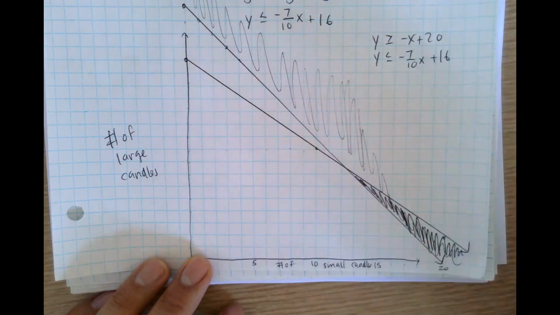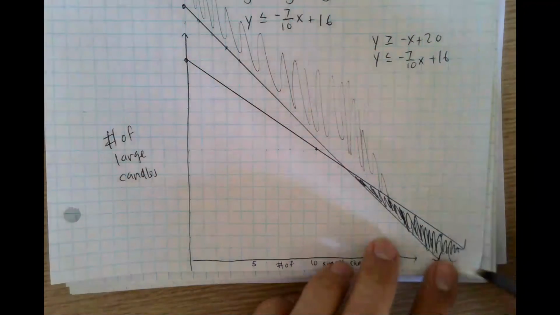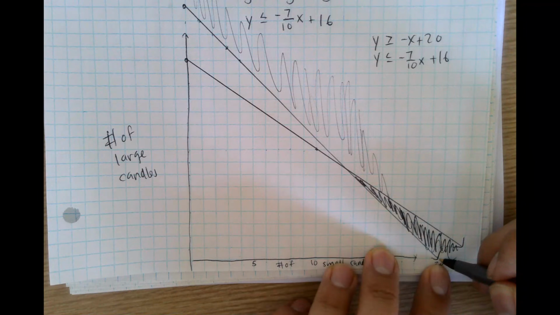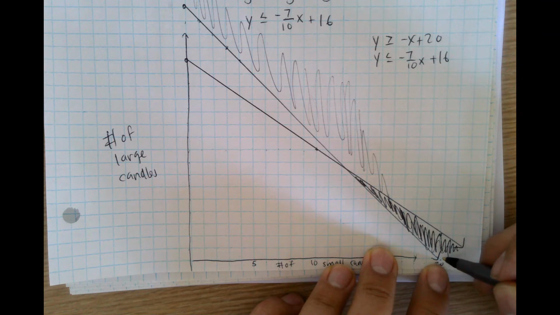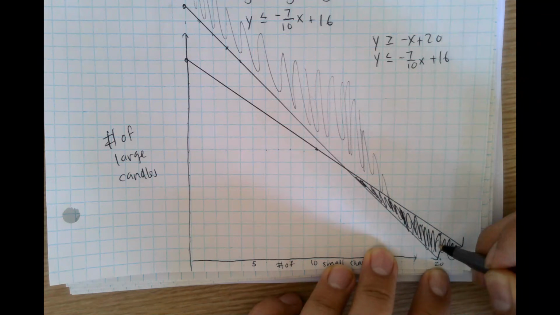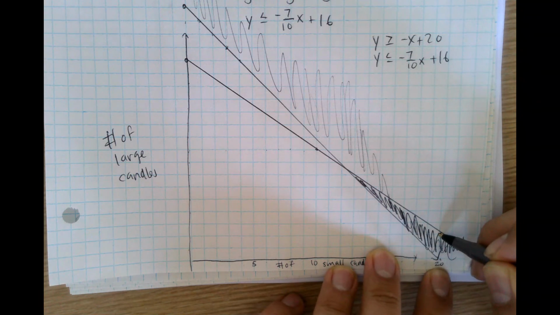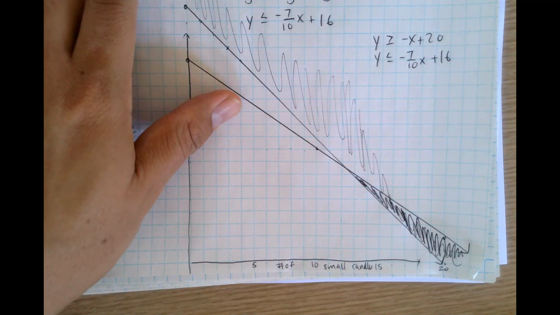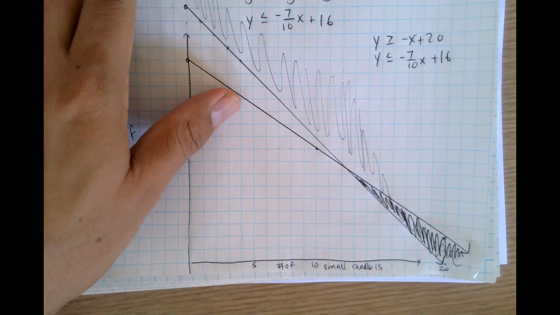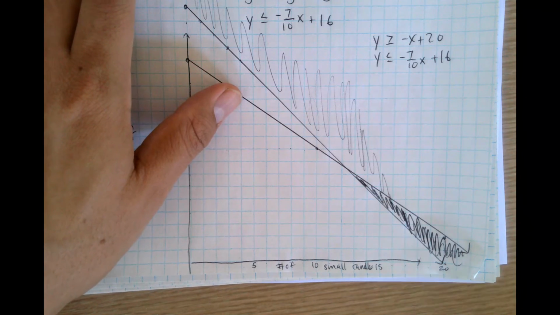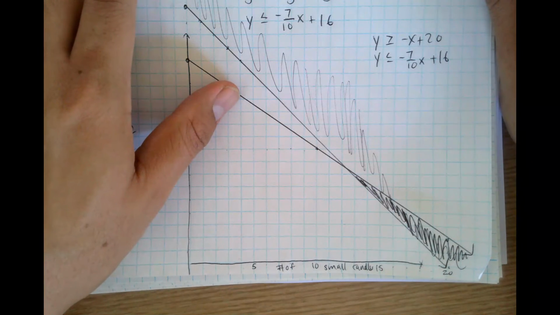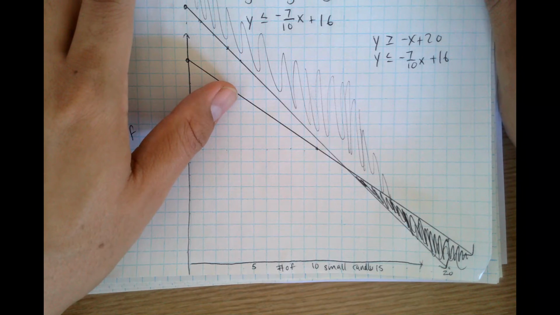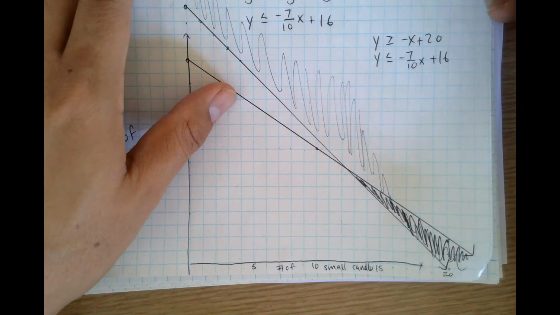So you would go to 20, and then you would see, okay, Jonah can actually buy 0, 1, and 2 large candles, and this statement will still be true, right? It fulfills the requirement that Jonah can't spend more than $80, and it fulfills the requirement that Jonah will buy at least 20 candles.